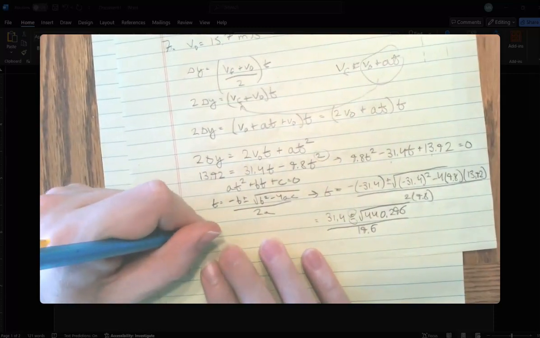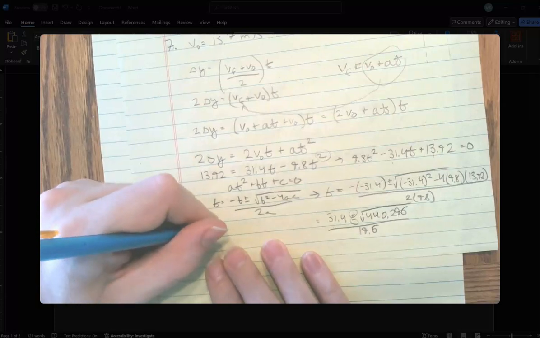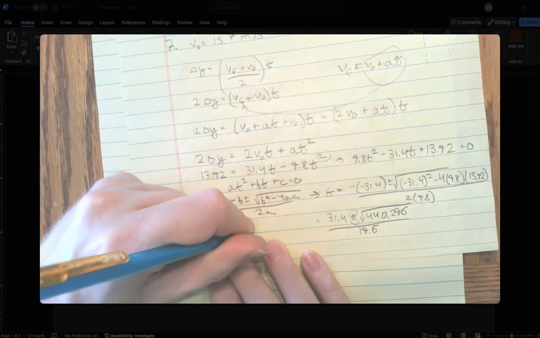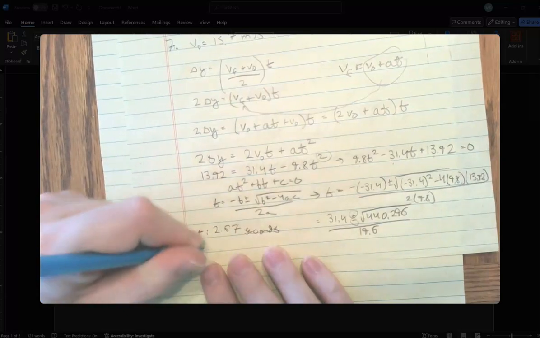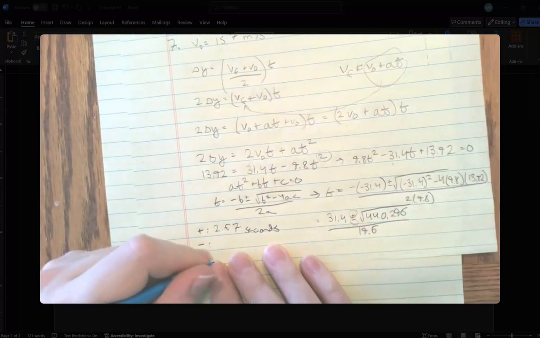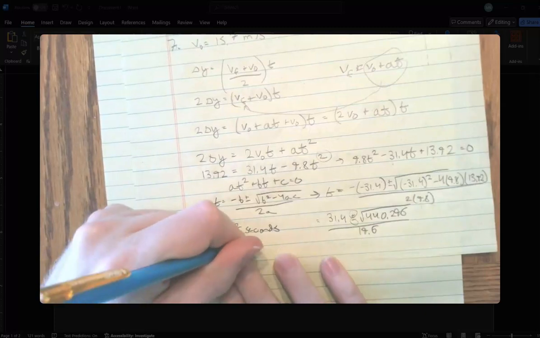The plus square root gives me the answer of 2.67 seconds. And when I do minus the square root, I end up with 0.53 seconds.